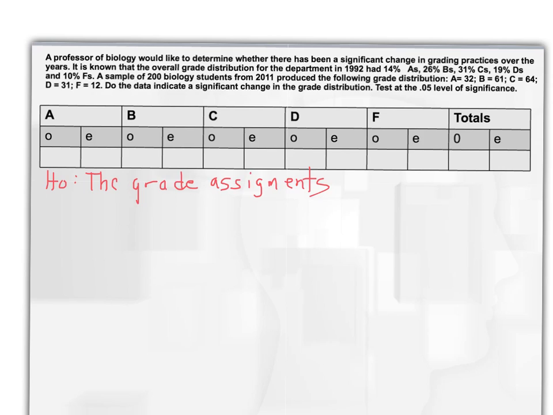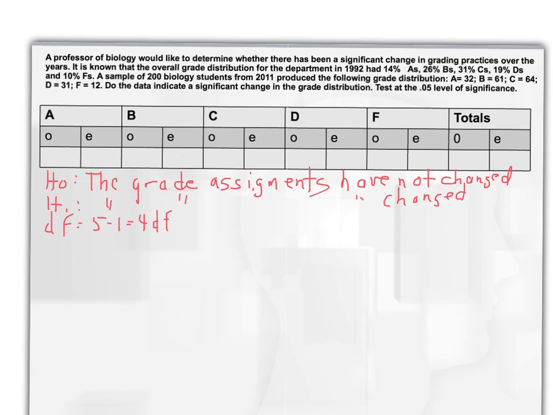The grade assignments have not changed over time. Our alternative would be that they have. The grade assignments have changed. We have degrees of freedom. Degrees of freedom equal the number of categories minus 1. So we have 4 degrees of freedom.